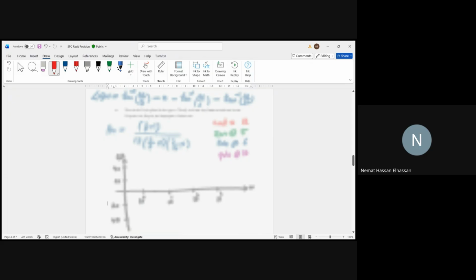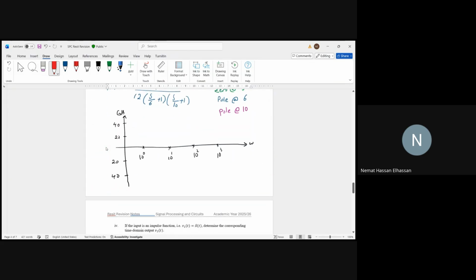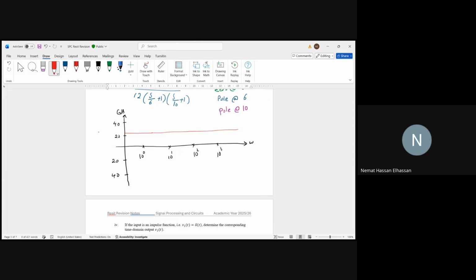Okay, it's 21 point something, so it will be approximately here, at 21.5. So it will be a steady line here, a horizontal line exactly equal to 20 log 12.